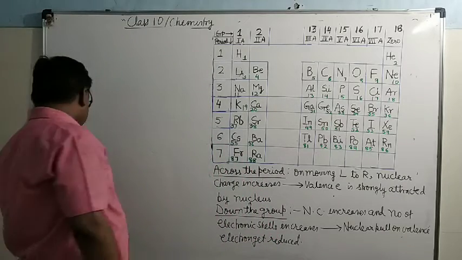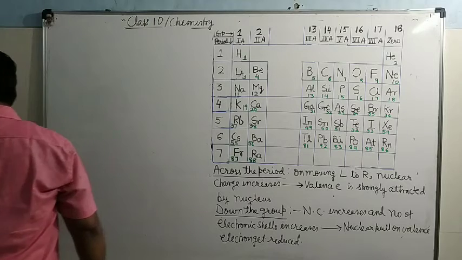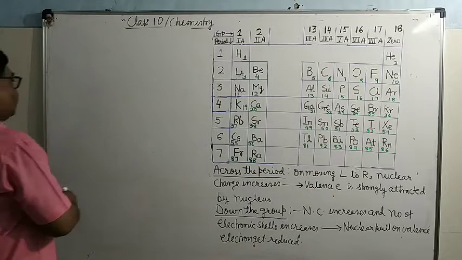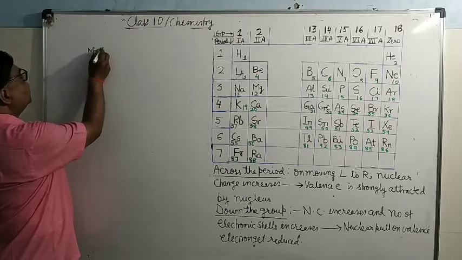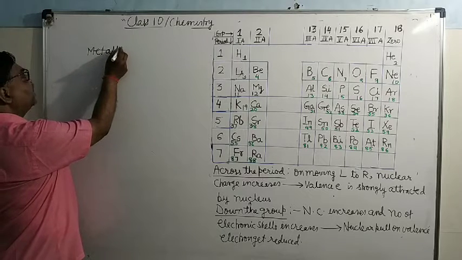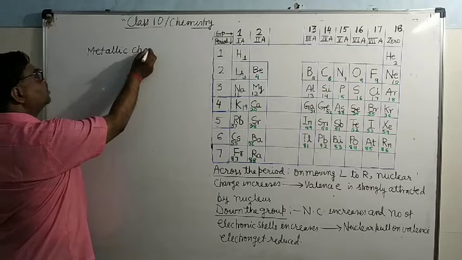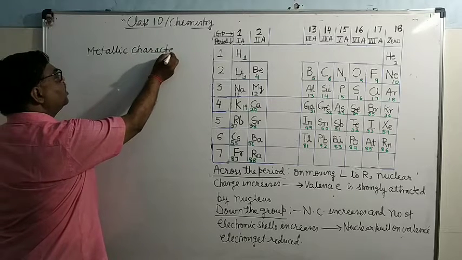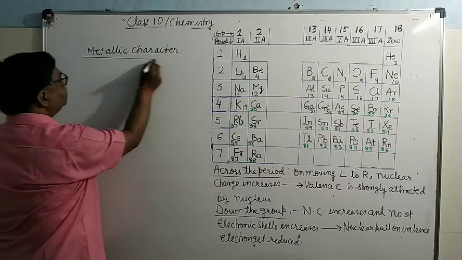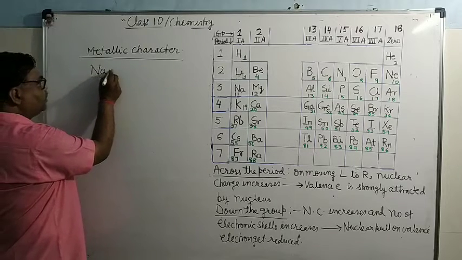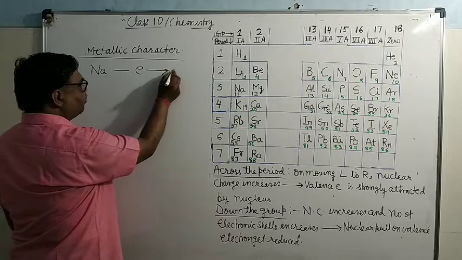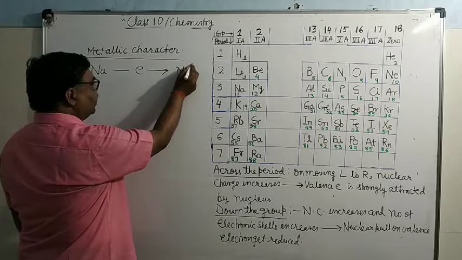First, we will see metallic character, and then non-metallic character one by one. Metallic character means the tendency to lose electrons. For example, sodium, when it loses an electron, forms a cation known as Na+.